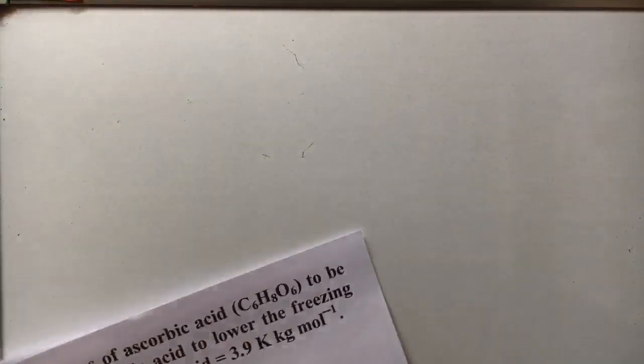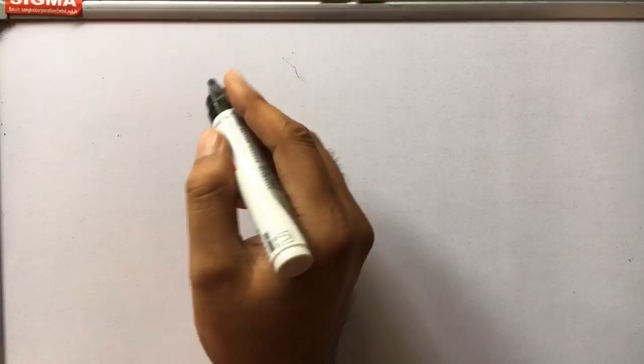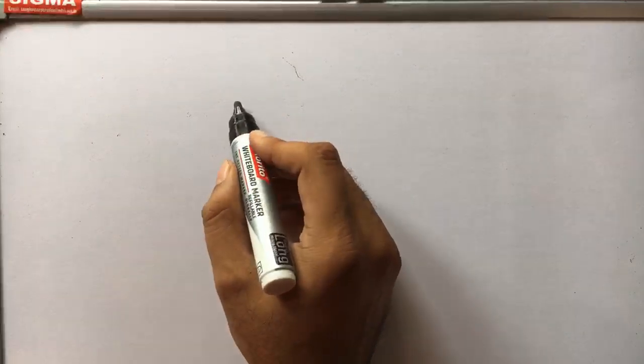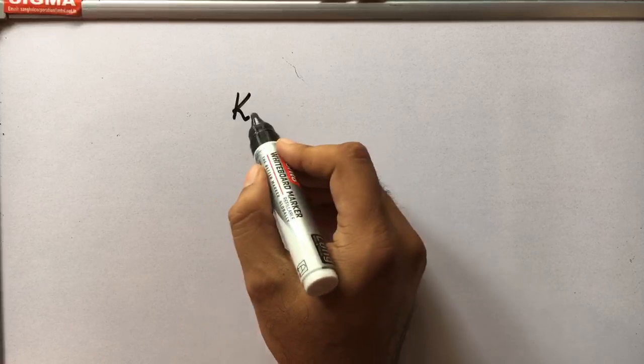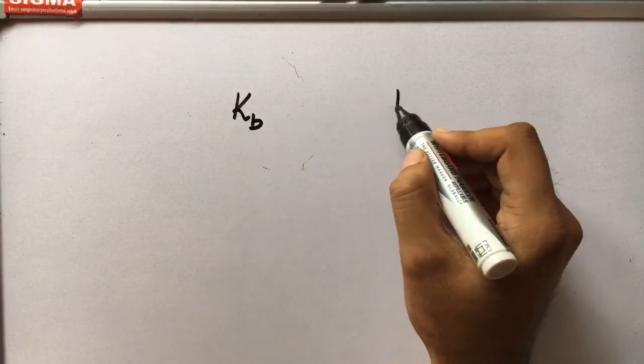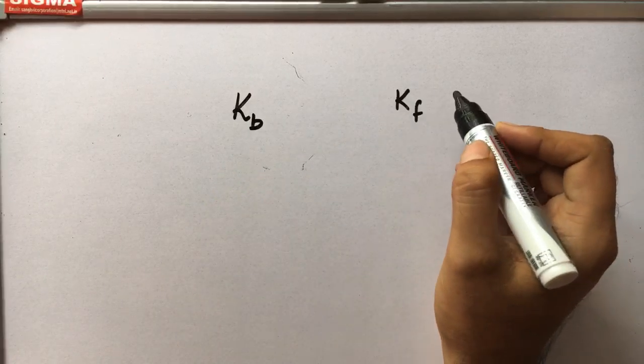So we have finished the concept of depression in the freezing point. I'll give you a formula; based on that formula problems may not be asked, but still you need to know the formula since it is given in the NCERT. We have written what is Kb and what is Kf.